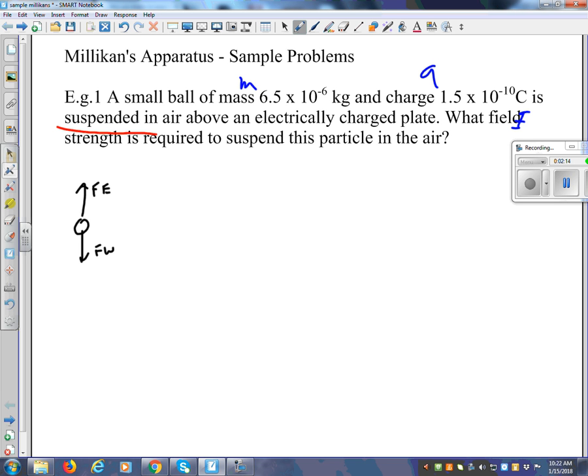Can we find the weight force? We can. It's equal to m times g. So that's going to be 6.5 times 10 to the minus 6 multiplied by minus 9.8. And I need to get a calculator.